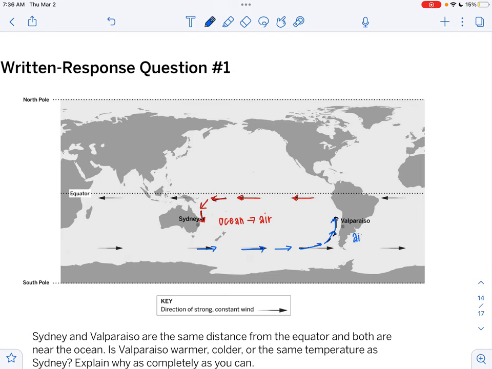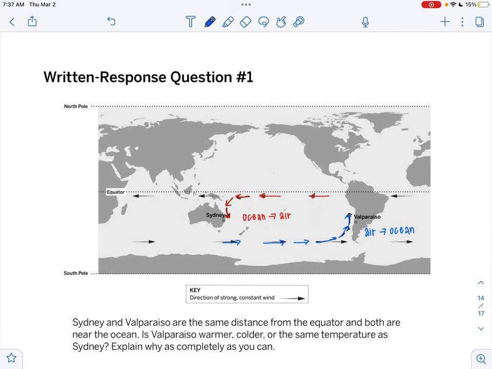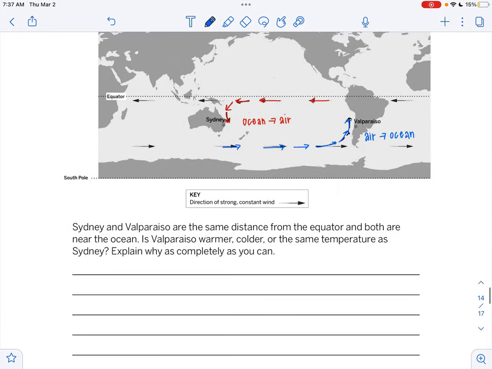The air is transferring energy to the ocean water because the air is cooler than the ocean current that's moving past the coastline. Because very little energy is transferred to the surface at the South Pole, where this blue current is coming from, the water is cooler than the air. That is how students should have explained that Sydney is warmer than Valparaiso.